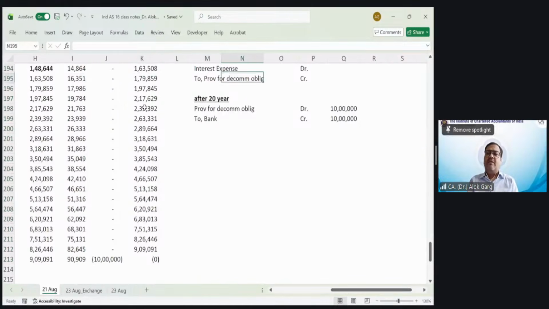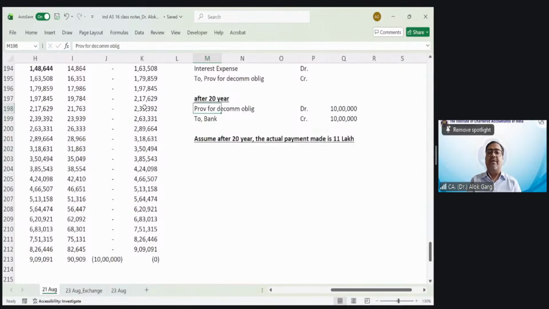Sir, for example, since after 20 years it is just an estimate, assume after 20 years the actual payment made is 11 lakh rupees. Then what is the accounting entry?